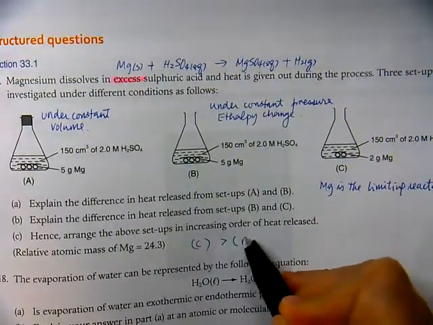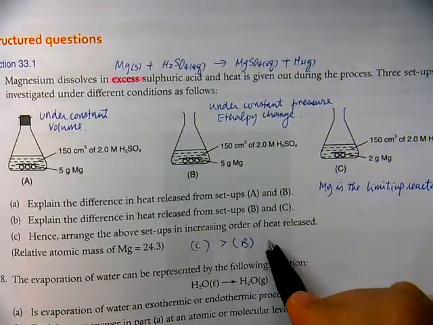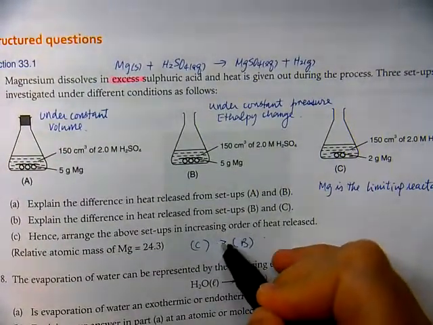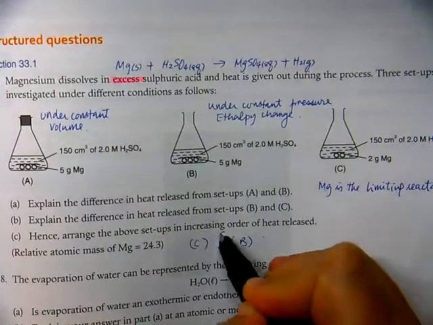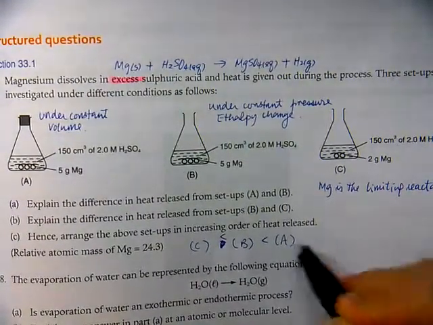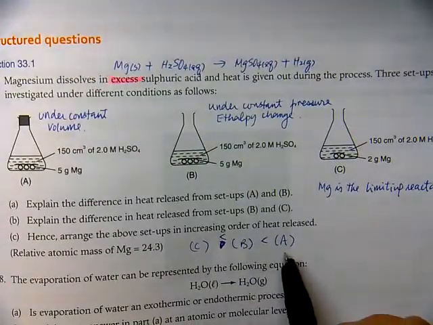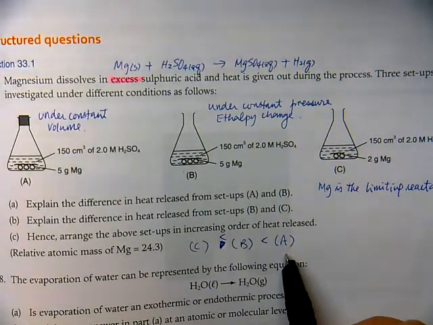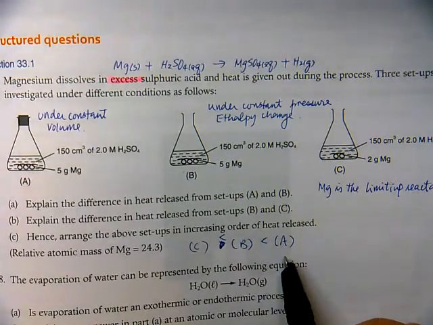Next one is setup B. And then lastly is setup A. Because setup A, the reaction is carried out under constant volume, no need to do work. No energy is consumed to do work because no work should be done.